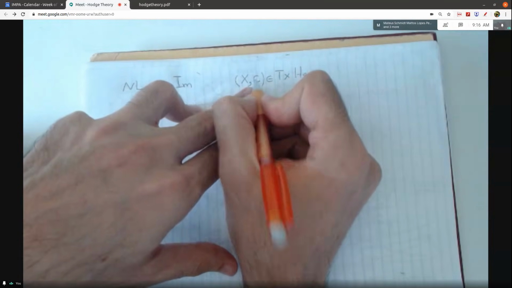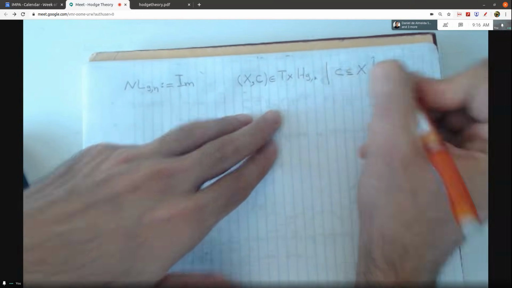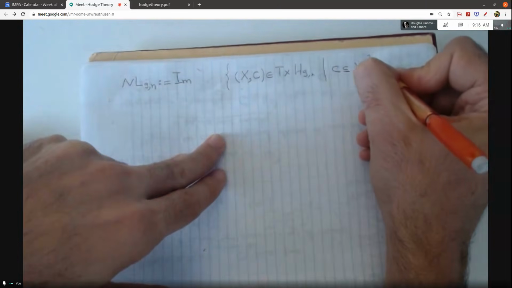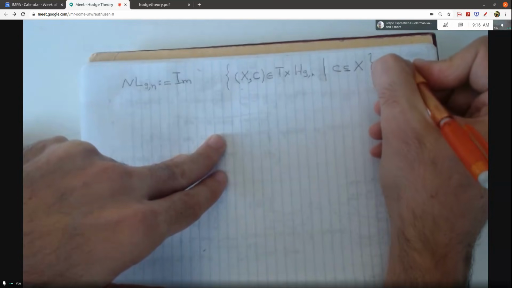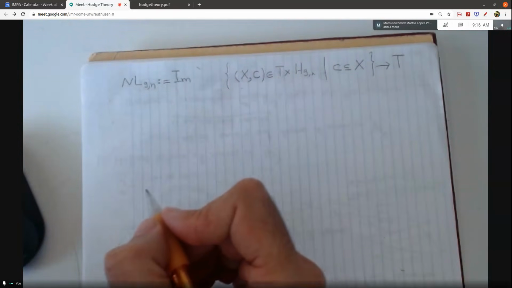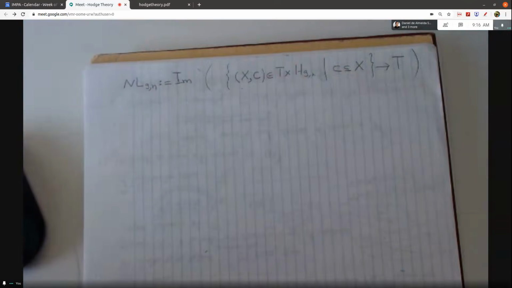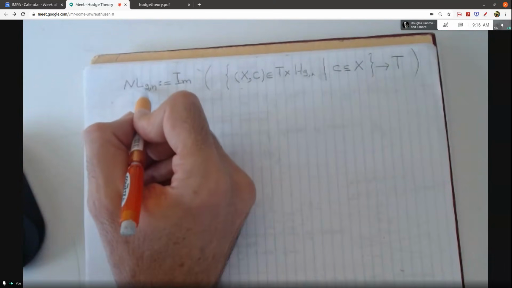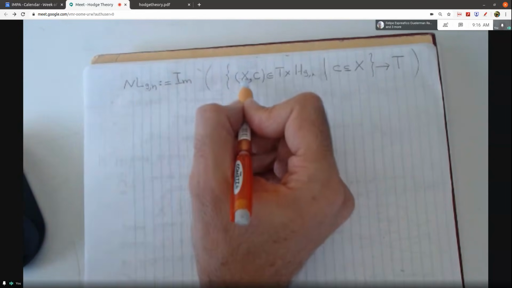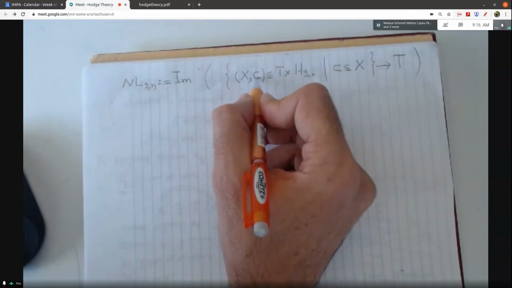I will take a surface and a curve such that the curve is inside the surface. So it will turn out that I have an algebraic variety. And when I project this one to T, I will take this image, and this means that the Noether-Lefschetz loci of genus G and degree n correspond to surfaces of degree D containing a curve of genus G and degree n.